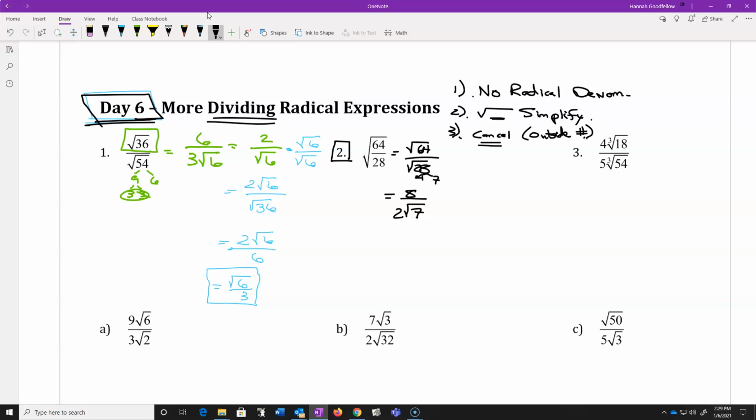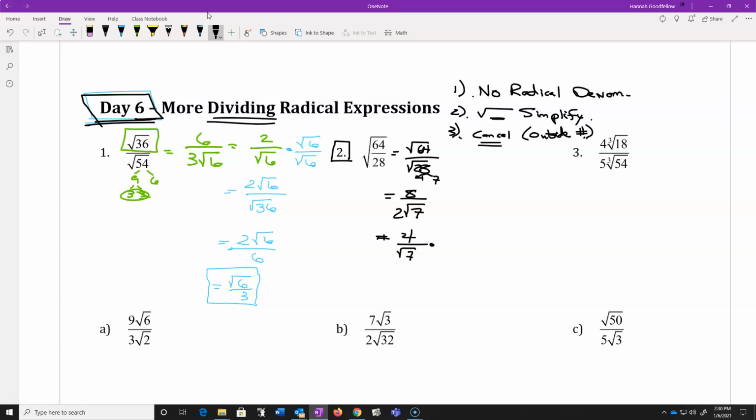Now, all I did was separate the house and then make it turn into 2 easier radicals that I could actually do the problem with. So you can separate houses or put houses together. It doesn't matter. I just think that's probably the easier way to go. Now, the 8 and the 2, you could simplify these to make it 4 over the square root of 7, because I'm just simplifying this concept.